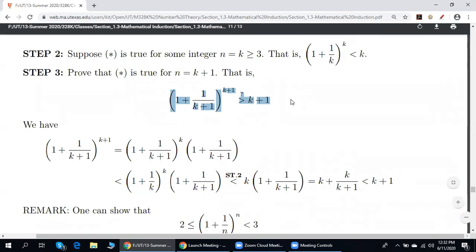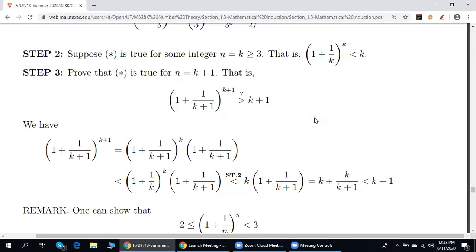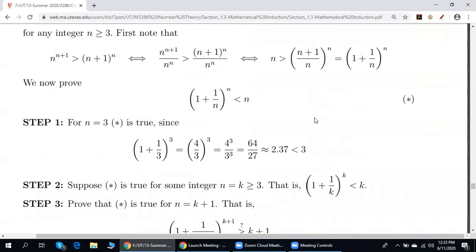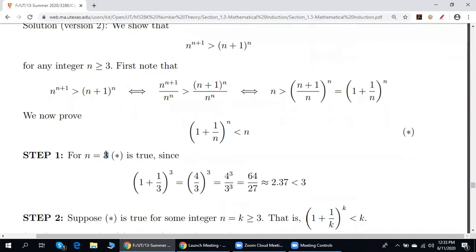Folks, any questions here? I have a question. Yes. So in step 1, we say the smallest case is 3, right? Yes. So, like what the other person was asking earlier about the smallest case. Since we're not really proving that 1 plus 1 over n to the n is smaller than n, we're just trying to figure out which of the two numbers is smaller, does it really matter that we figure out which one's the smallest case?